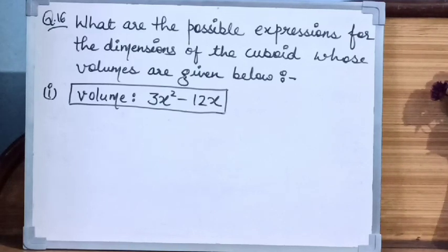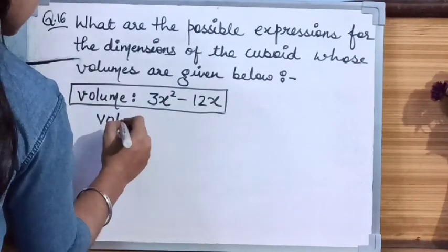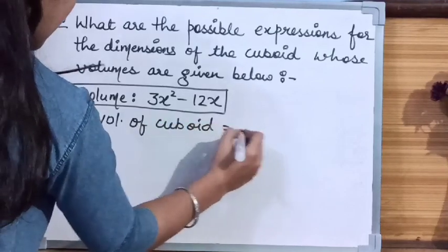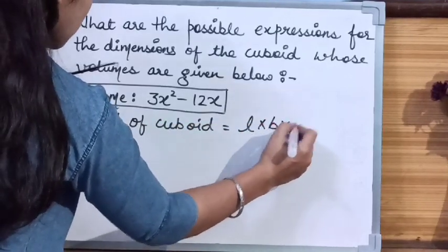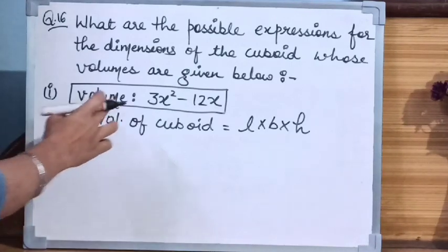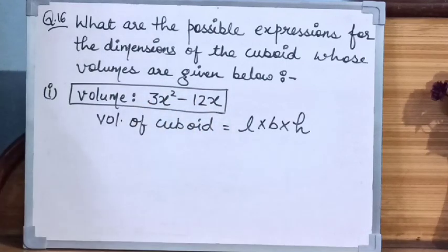As you know, the volume of a cuboid is length into breadth into height. The expression given for the volume of the cuboid has to be factorized. One of its factors will be its length, one its breadth and one its height.